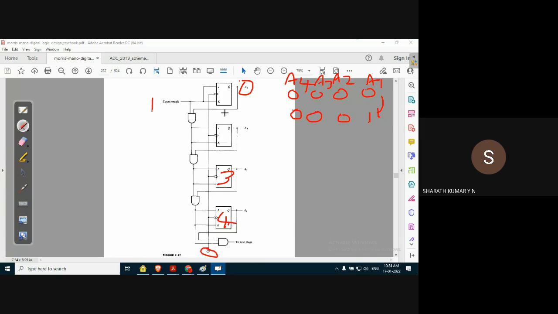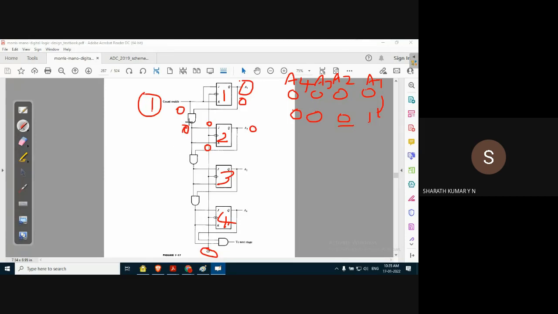Now observe this AND gate. The output of the first flip flop is initially 0, and before we apply the enable input, count enable is also 0. The output is 0, which is applied as the JK input for the second flip flop. When the JK input for the second flip flop is 00, the output is forced to remain 0, that is A2 remains 0.